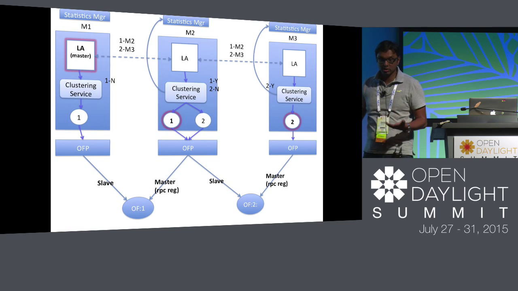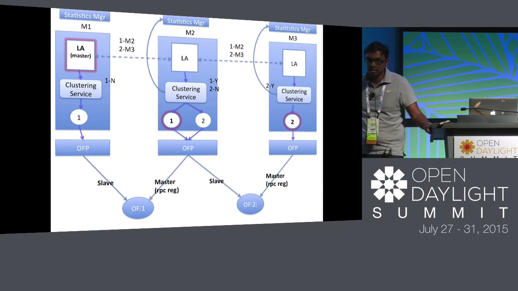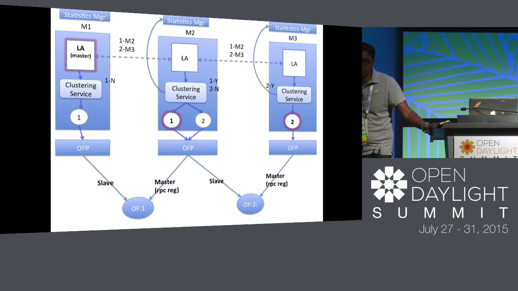So the application is going to be master where your devices are connected. If 10 switches are connected to one instance, that application instance is going to be master of those 10 switches, so you can program those switches directly. There is no complexity.